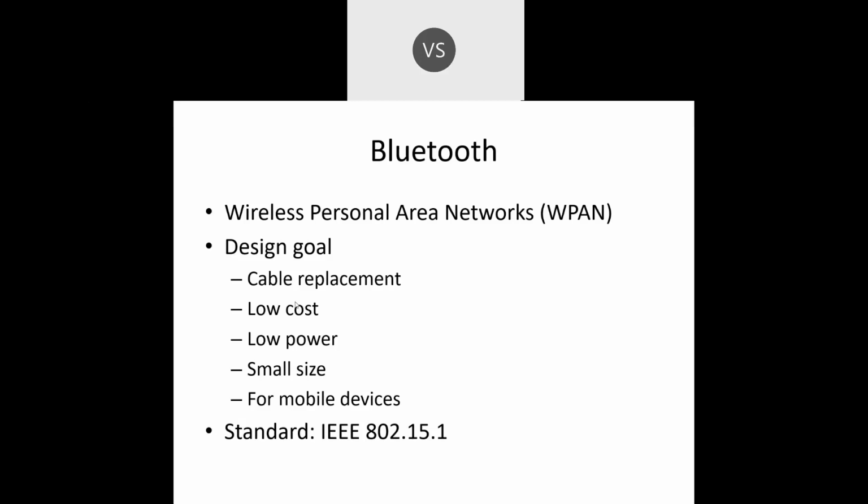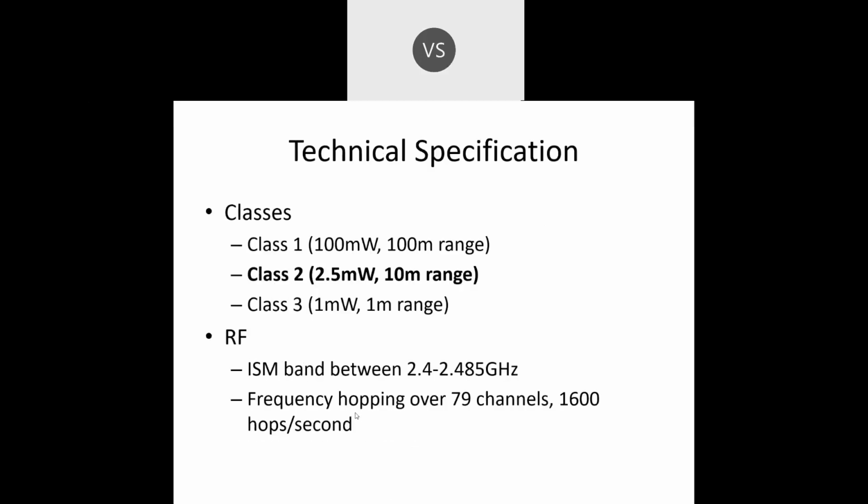Small size for mobile devices, and the standard is 802.15.1. It's under the PAN, Personal Area Network category. What are the specifications? There are three classes: 100 milliwatt with 100 meter range, 2.5 milliwatt with 10 meter range, and 1 milliwatt for 1 meter range.